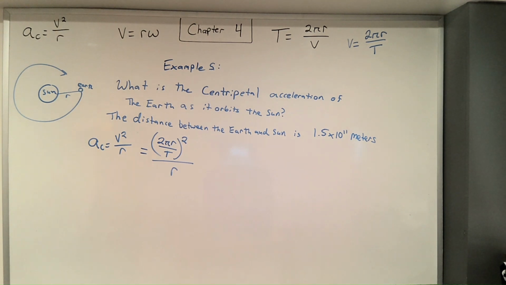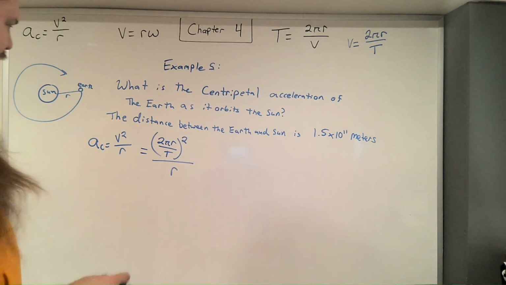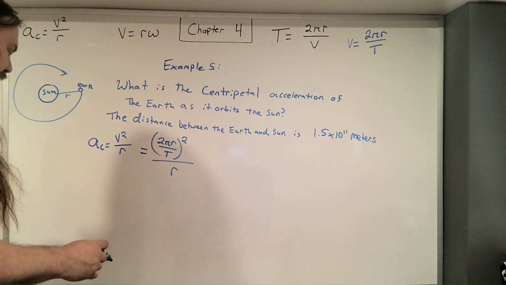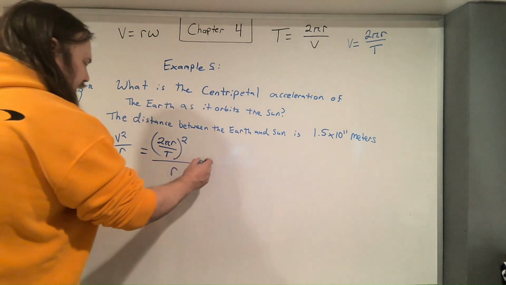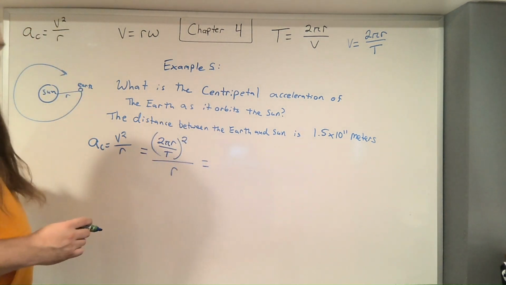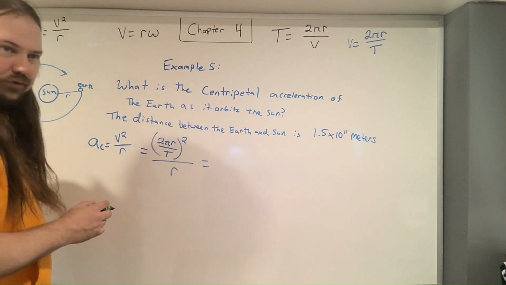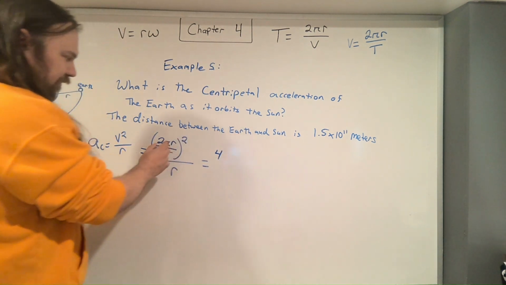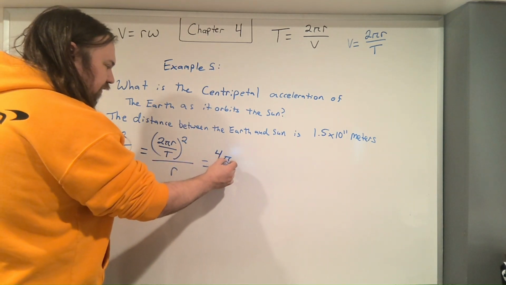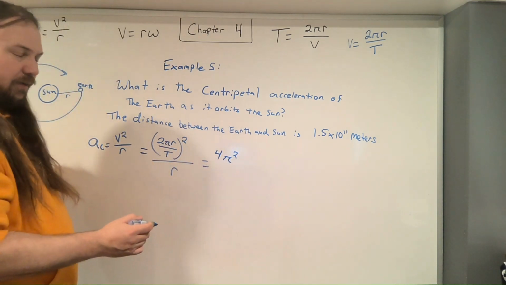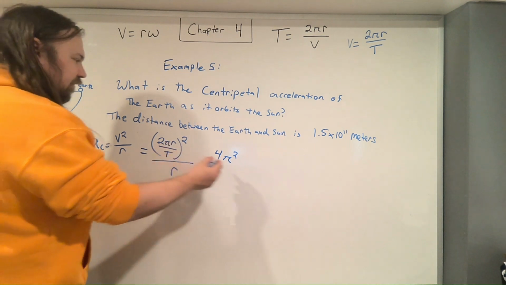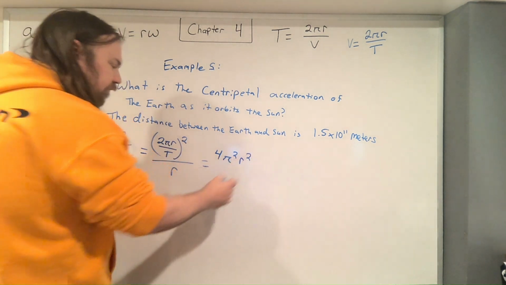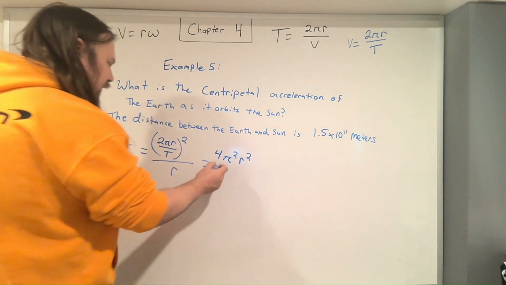Okay, so now what do I have going on in there? Well, let me do some cancellations. If I distribute out that square, I would have 2 being squared, which gives me 4. I'd have the pi being squared, which just gives me a pi squared. I have the r being squared, so I'm going to end up with an r up top.